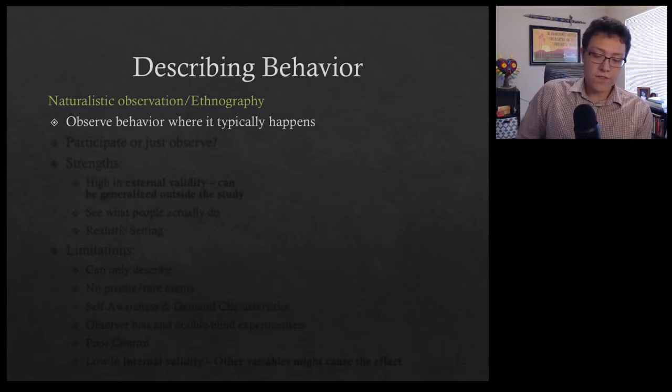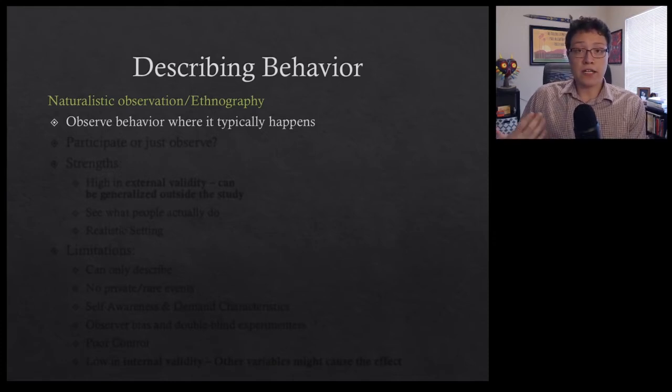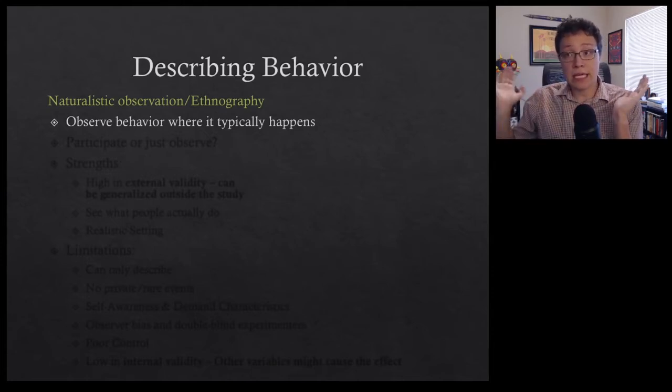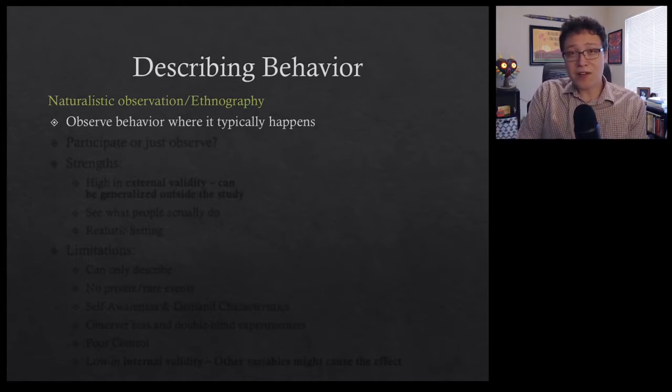So if you're interested in understanding how people are dealing with social distancing, you might go sit in the center of campus, I don't know if that quad has a specific name, I clearly haven't been here long enough, and you might pay attention to people who are walking by each other in different ways. Are they making an effort to go out of the way and really maintain that 6 feet? Are they not? That's one of those questions where you don't necessarily need to bring people into a lab to study this. We can just go outside and see what they're doing.